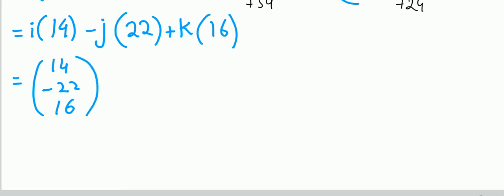Okay. And now we have found this. This is our normal. But we know for an equation of plane we need r dot n is equal to d. r is basically anything x, y, z. So to find d, we have to do a dot n.